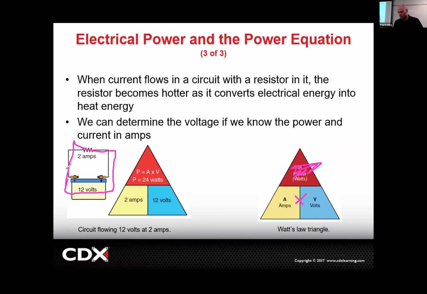So if you hear the term watts, that's a measurement of power. And if it's in a 12 volt system, you can pretty quickly do it the other way around. Let's just say they said it was a 24 watt system, and you knew it's an automotive 12 volt system, you could do 24 divided by 12 and be like, oh, that's pulling 2 amps. Part of the reason we want to do that is when we're trying to wire something custom, we need to know what wire size to run.